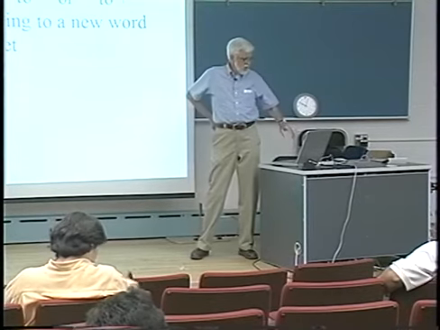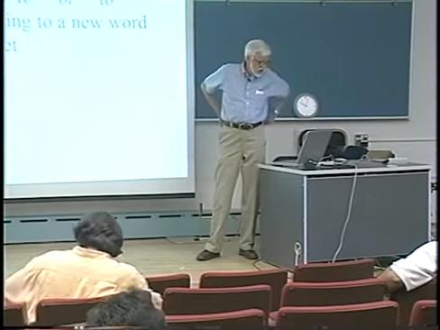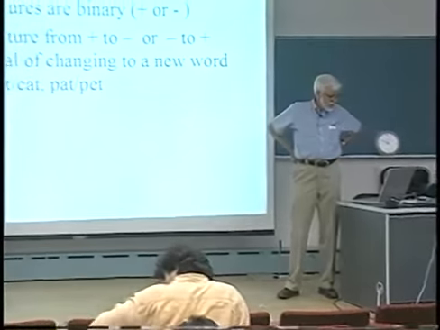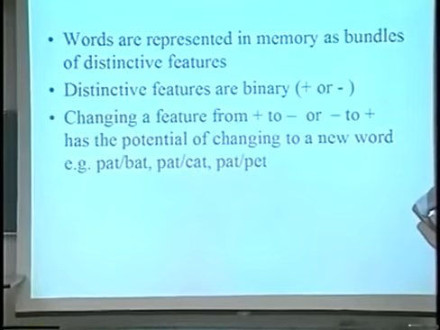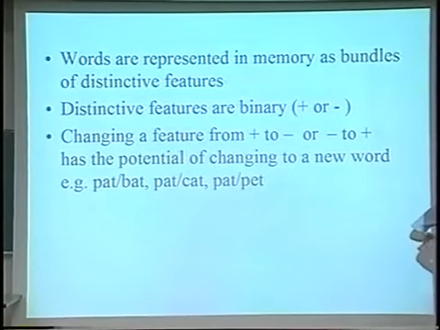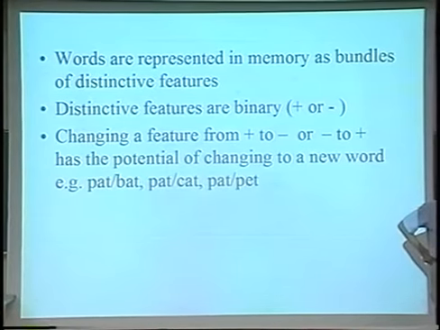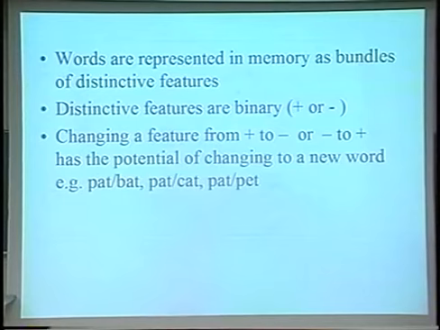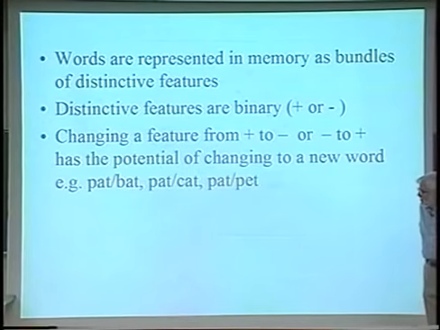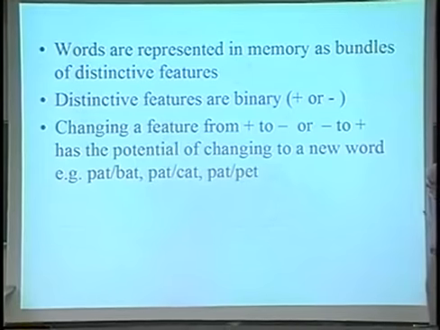But the main thing about a feature is that changing a feature value from plus to minus or minus to plus has the potential of changing to a new word. That's the way you might define a feature. So you can change the voicing in the initial consonant, or you could change the place of articulation of that consonant from P to K, or change a feature of the vowel.